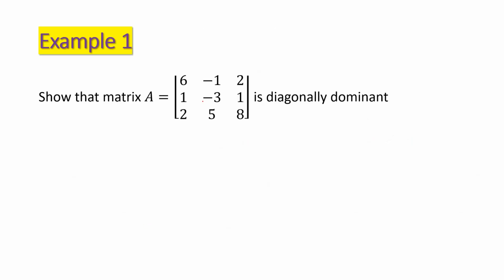Example 1. Show that the matrix A with rows 6, -1, 2; 1, -3, 1; 2, 5, 8 is diagonally dominant.